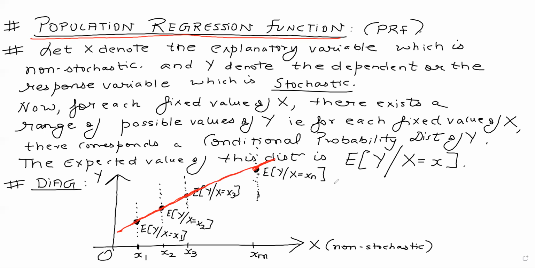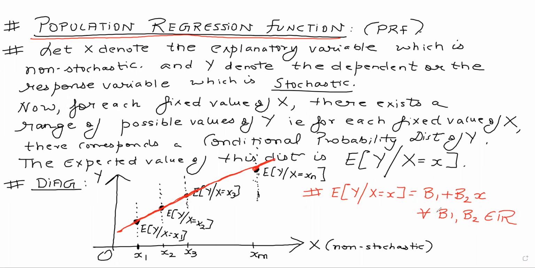Since it's a linear line, how can I write it? I can write it as expected value of Y given capital X equal to small x is equal to b1 plus b2x, for all b1 and b2 belonging to the set of real numbers.